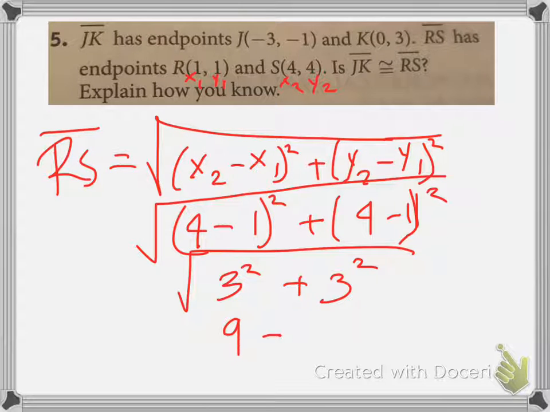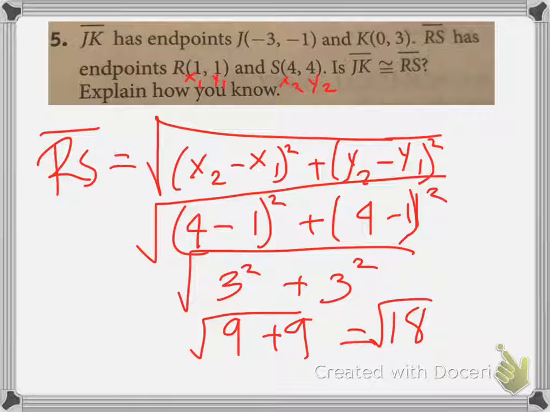So now we have 9 plus 9, which is 18, so the square root of 18. Unfortunately this is not 5. The square root of 18 is not the same as 5. That's how you know these two are not congruent, because they're not the same distance.